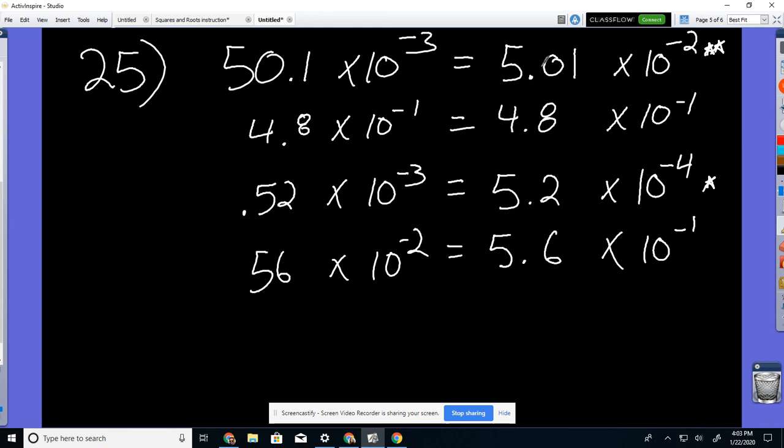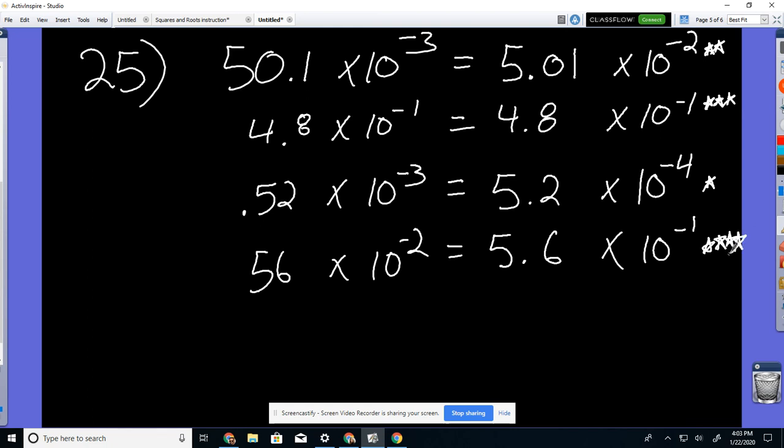These are both numbers greater than or equal to 1, but less than 10. So now, since we have the same base 10 to the negative 1 exponent, we need to take a look at these values here and decide which is larger. So since this was smallest, next smallest, this would then be our next smallest. And finally, this number here would be our largest.